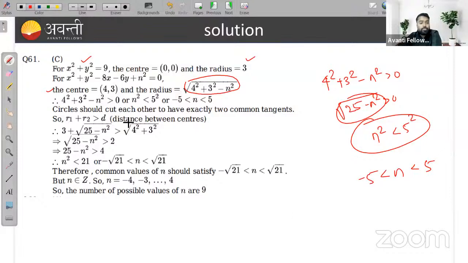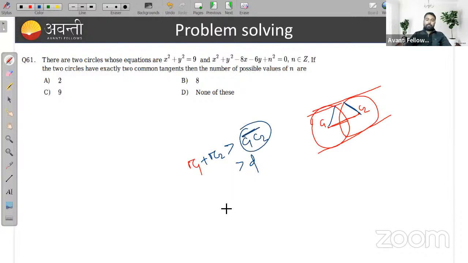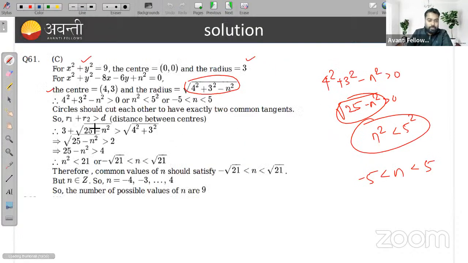Okay, the circles should cut each other to have exactly two common tangents. So R1 plus R2 must be greater than D. Already we have discussed here. If the first radius is this and the second radius is this, then R1 plus R2 must be greater than C1, C2, or here we are taking D as the distance between the centers.